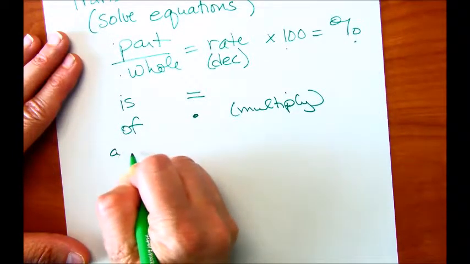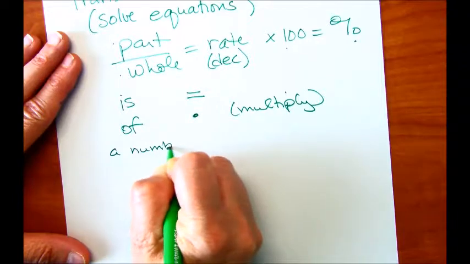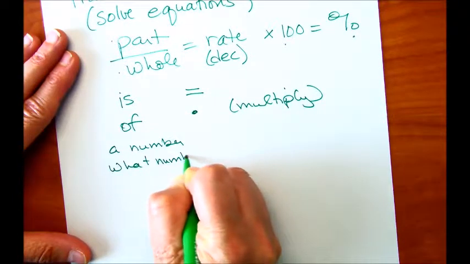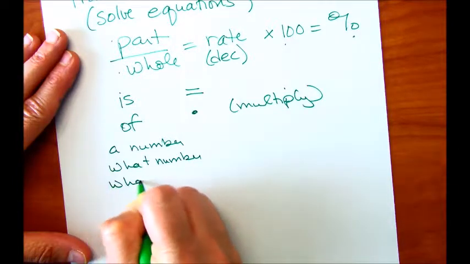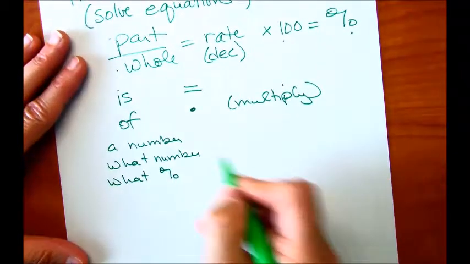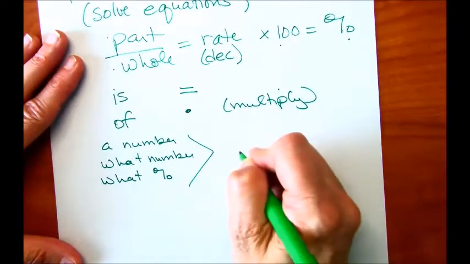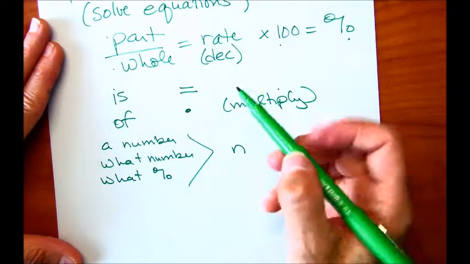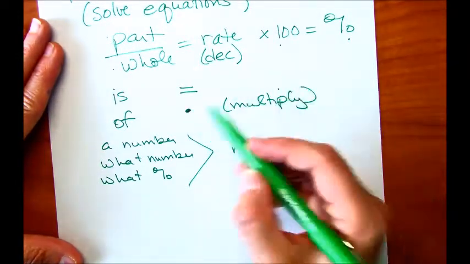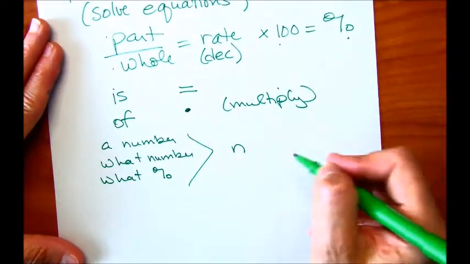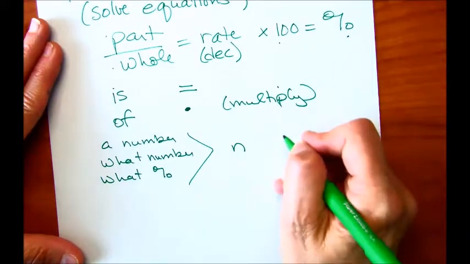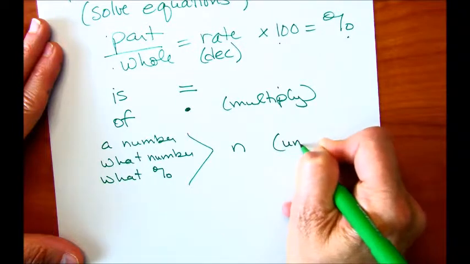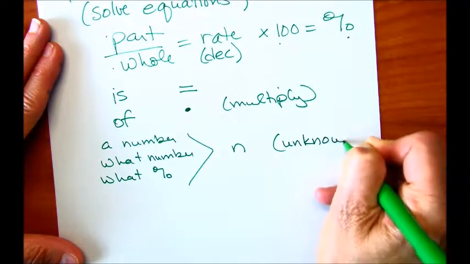We could say a number, what number, or what percent. In all these cases we're talking about an unknown, and I'm going to use the letter n. I don't use x because we're going to be using some multiplication in here, and I don't want to make that confusing for students. So n means that's our unknown. We don't know, but we're going to figure it out.